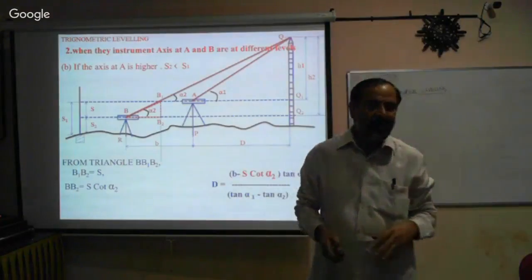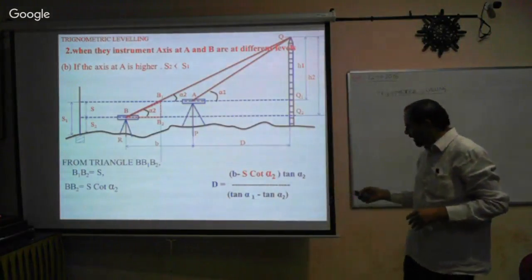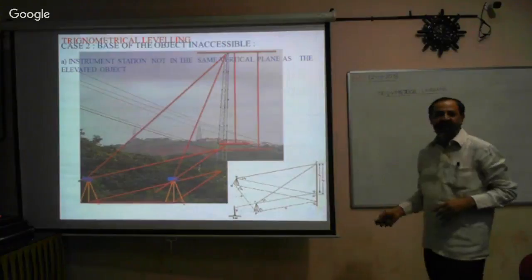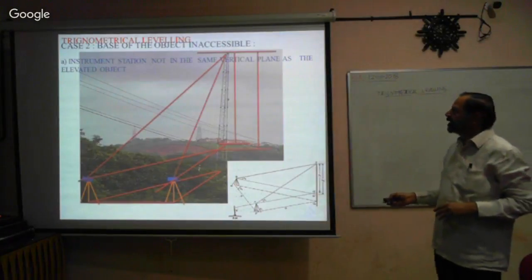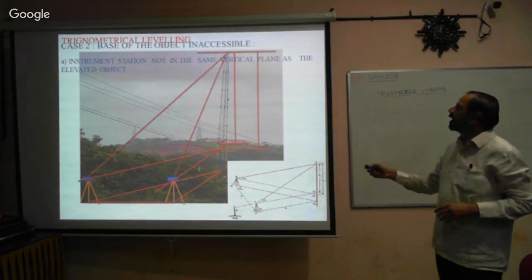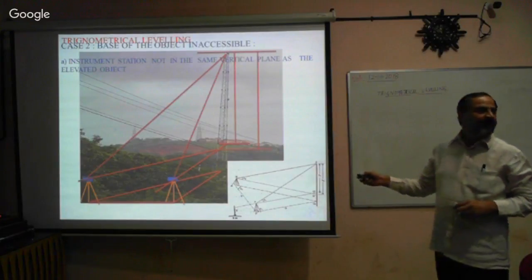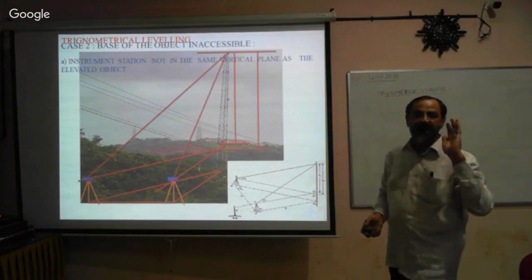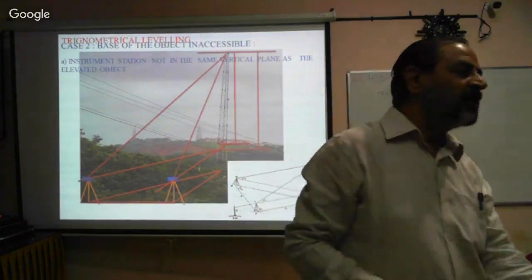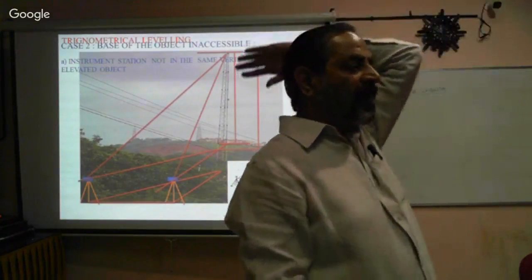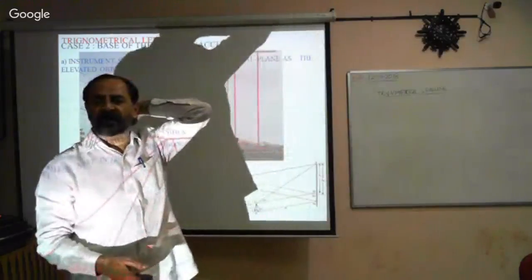Okay, understood? Now the next one, another case. See, this is the object where you need to calculate the elevation. We are not able to install the instrument at a convenient place.